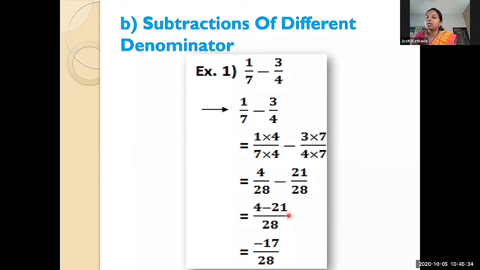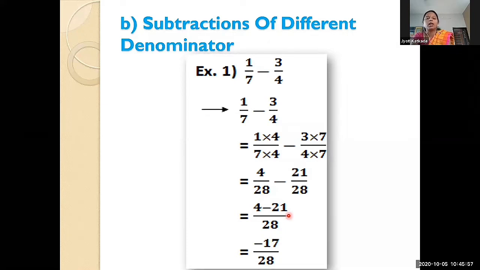When we subtract 21 from 4, we get minus 17. When plus and minus signs are there, then we have to do the subtraction, but the sign of the answer is that of the biggest number. The biggest number is 21. That's why we get minus 17 divided by 28.